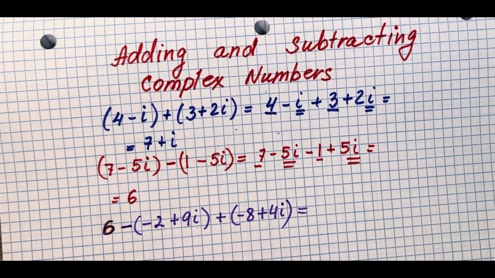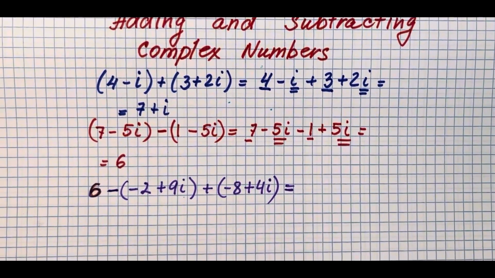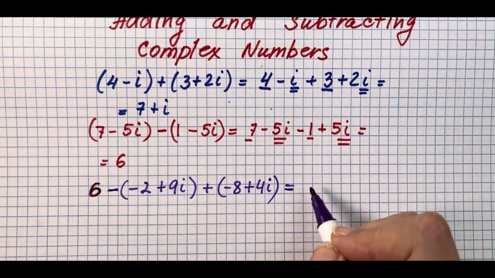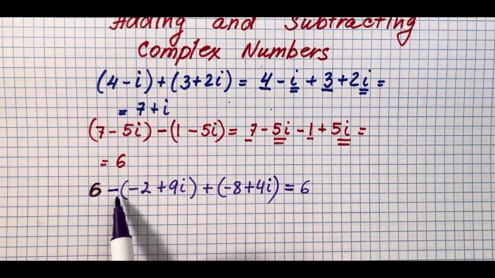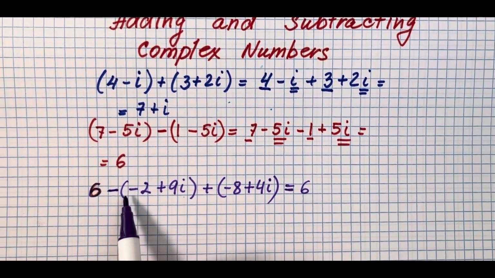Take a look. We're going to work on this problem. So first, we're going to again open parentheses and then combine like terms. Let me start doing so. 6. So we have to distribute the negative sign.